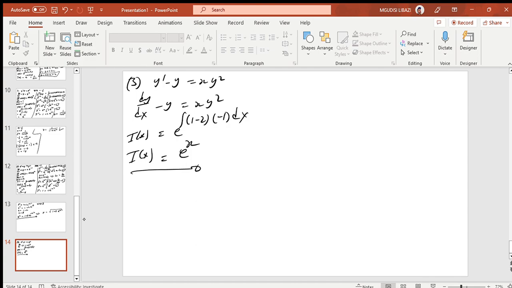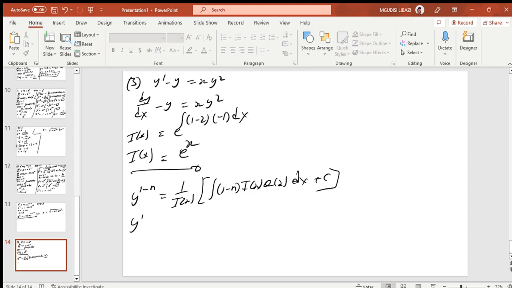So after that, we can say now y raised to 1 minus n is equal to 1 over I of x into the integral of (1 minus n) multiplied by I of x multiplied by q of x dx plus c.